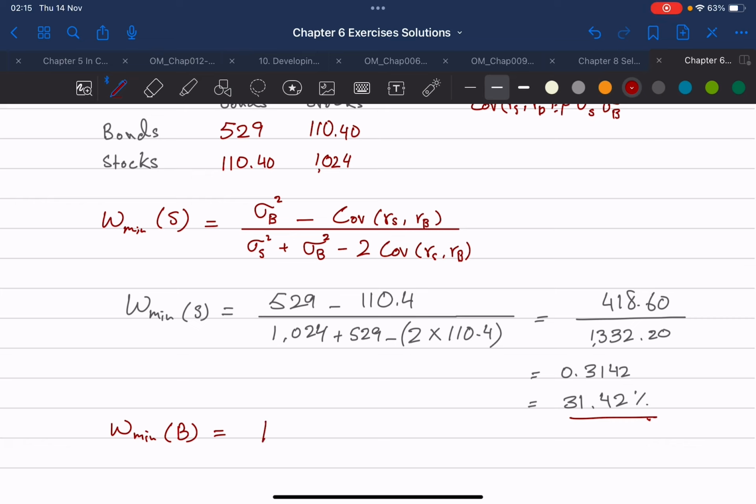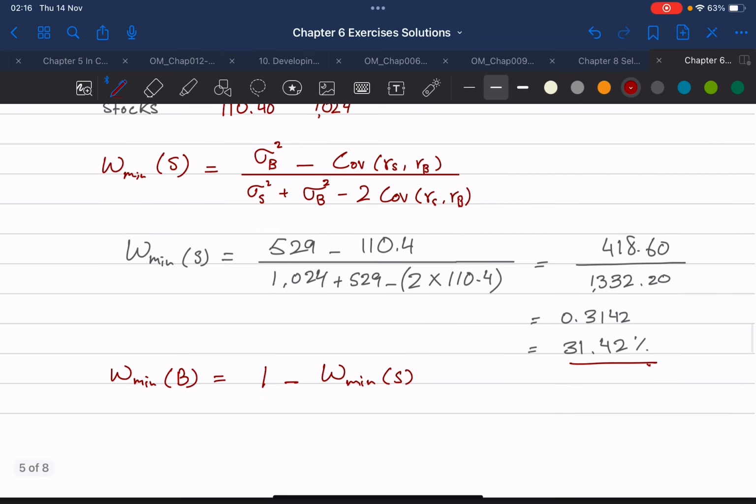So that would be 1 minus the weight of the stock fund in the minimum variance portfolio, and that would be 1 minus 0.3142.